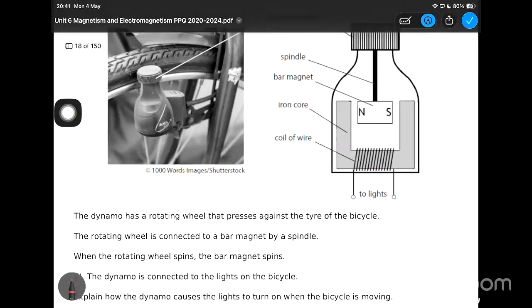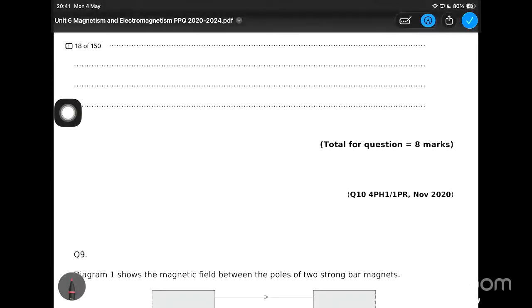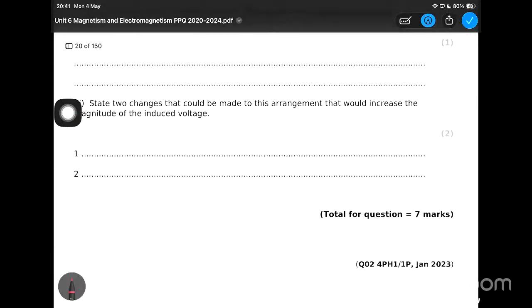I think we discussed the bicycle dynamo question, as I can remember.